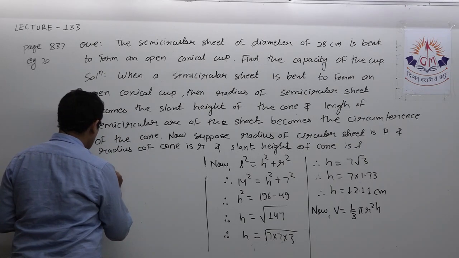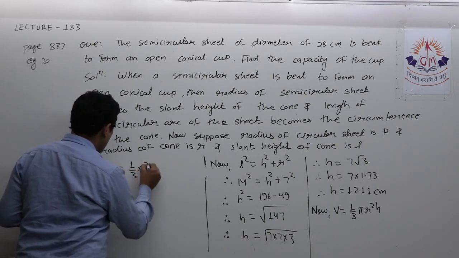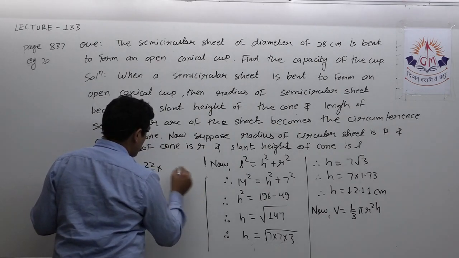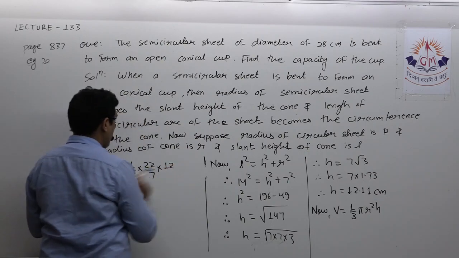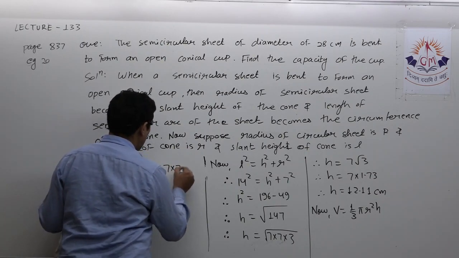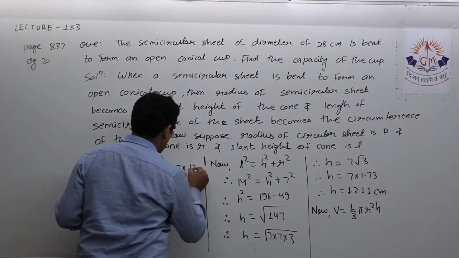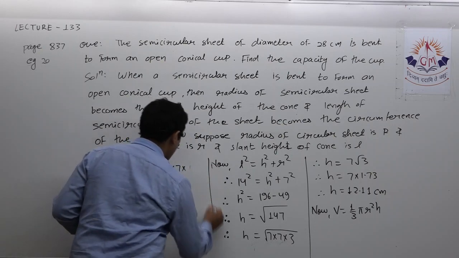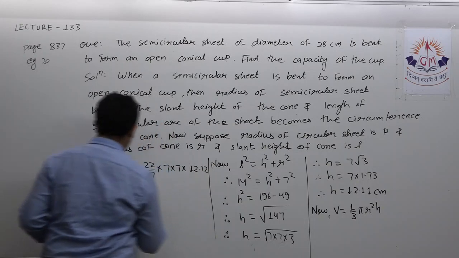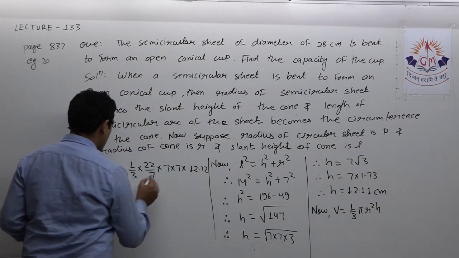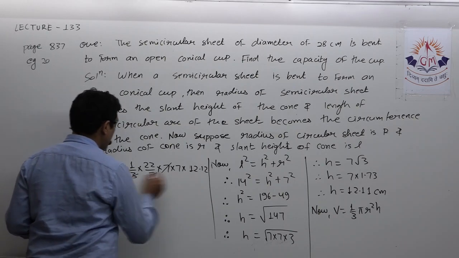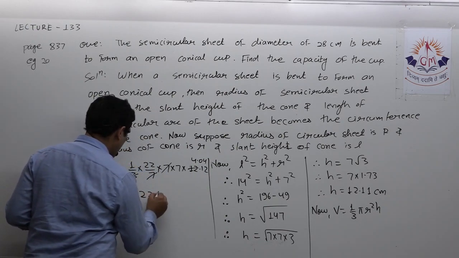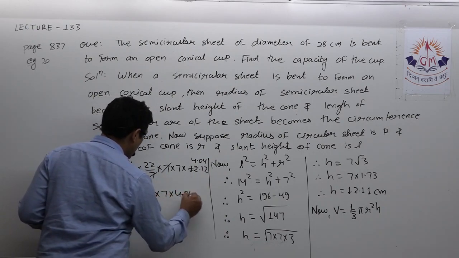Okay, so therefore V is equal to 1 by 3, 22 upon 7, r is 7 multiplied by 7, and h is 12.12 if I take the approximate value. On simplification you will get the final answer. 7 and 7 we can cancel here, so that is 22 into 7 into 4.04.